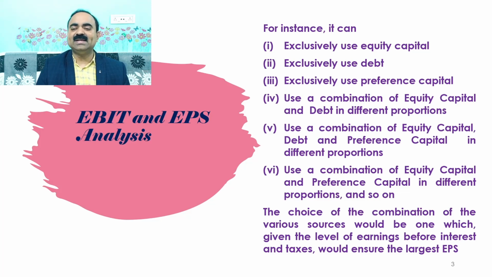Use a combination of equity capital, debt and preference capital in different proportions, and 6. Use a combination of equity capital and preference capital in different proportions, and so on.